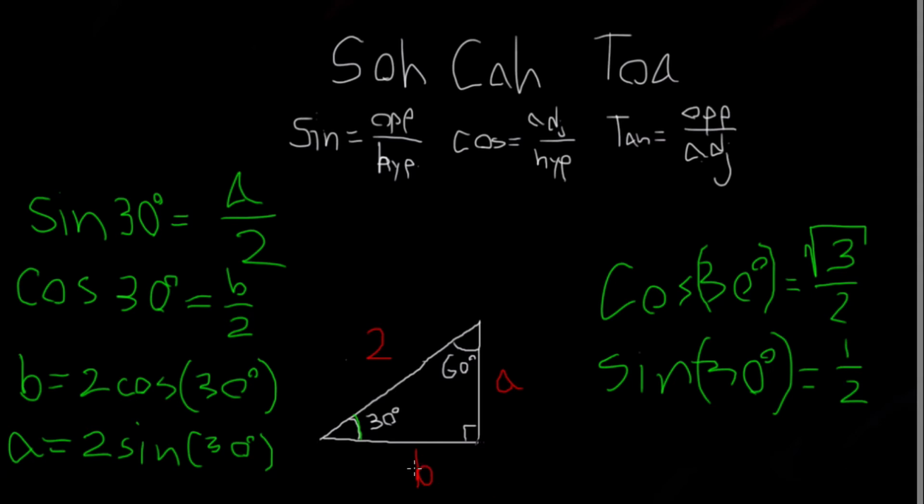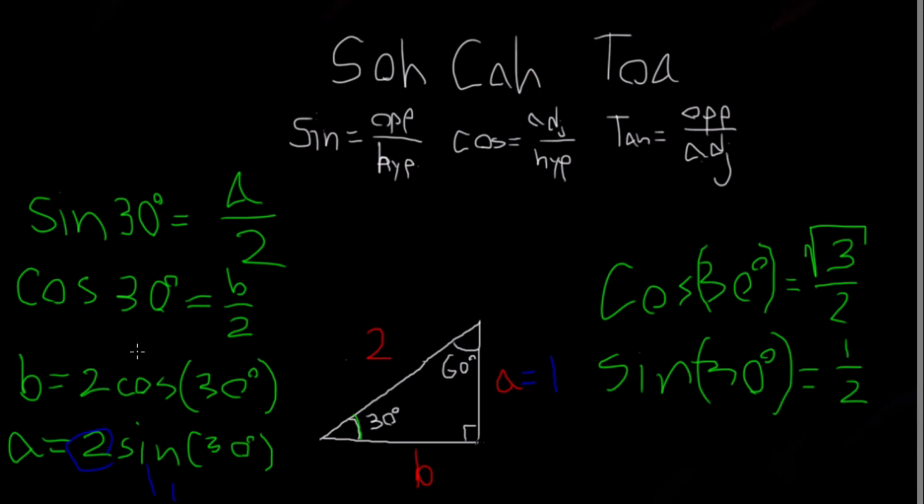All right. So A, let's pick a good color, is equal to 2 times the sine of 30, times 1 over 2. So A is equal to 1, right? Sine of 30 is 1/2 times 2.